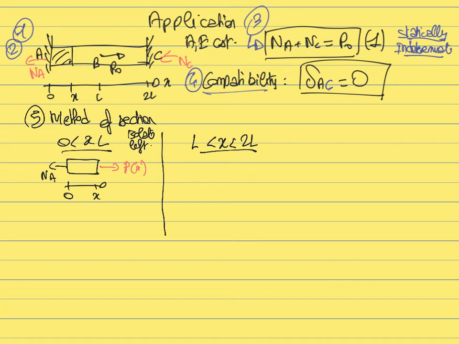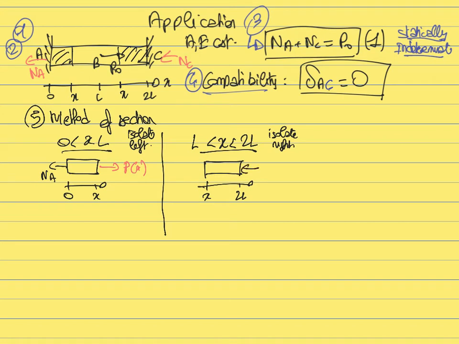Now we do the same for the other side, so we take a given x that is between L and 2L. In this case, it's going to be more convenient to isolate the right, even though we could also isolate the left and we would get the same results. If we isolate the right, the beam starts at a specific point x that we choose and goes between x and 2L.